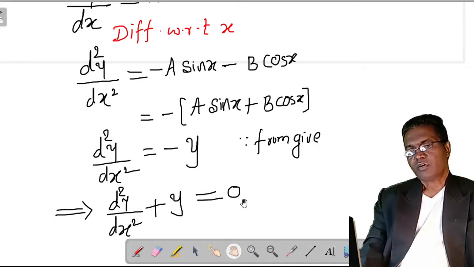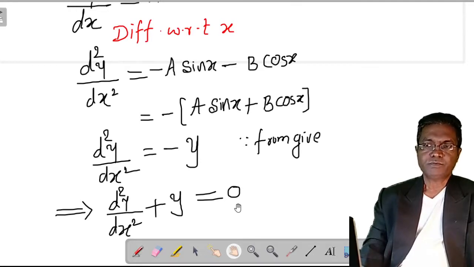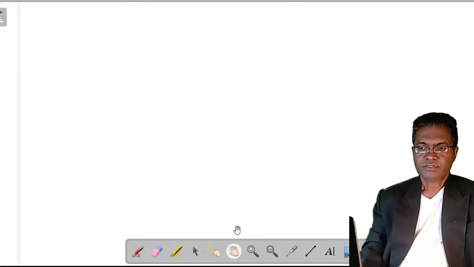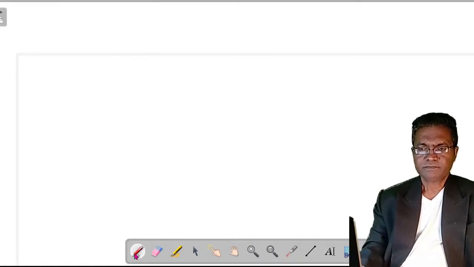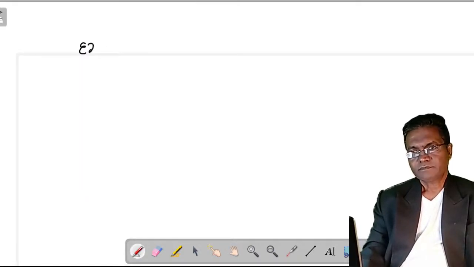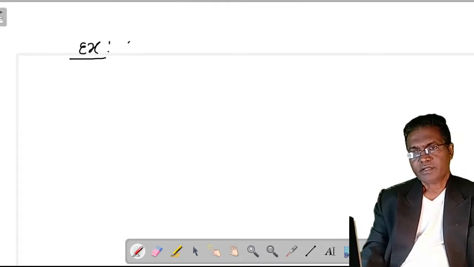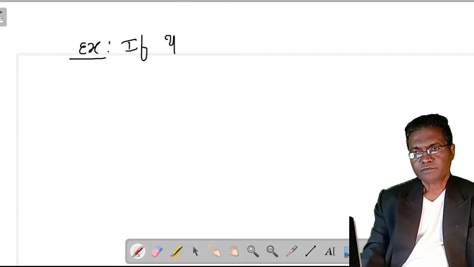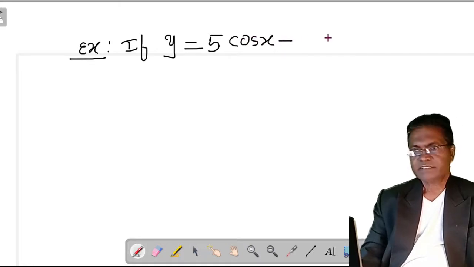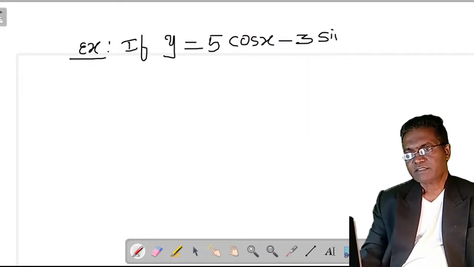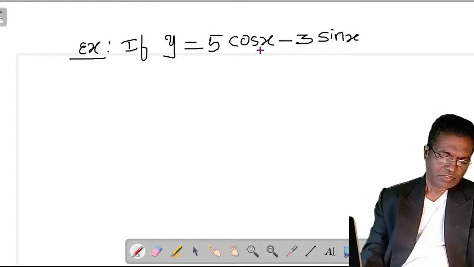So go on writing. Just listening or watching doesn't help you. A similar example: if y equals 5 cos x minus 3 sin x, you are asked to prove the same thing.